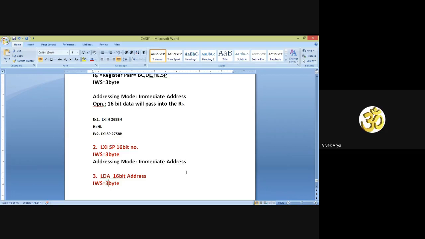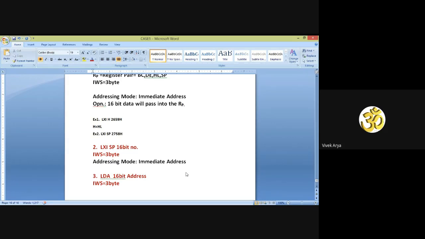Very good. To talk about the operation of LDA 16-bit address, the data available in the memory location is directly loaded into the accumulator.